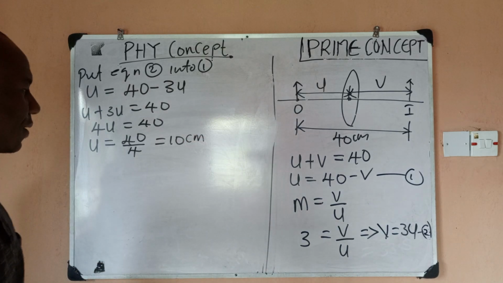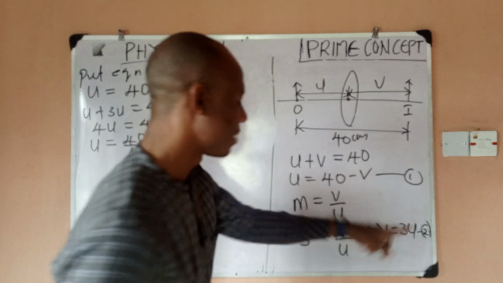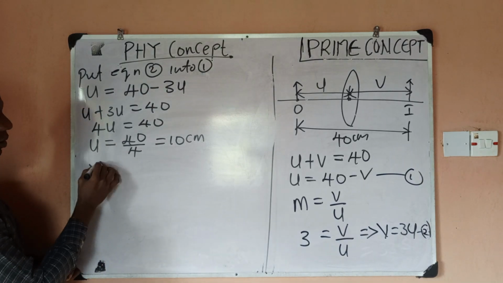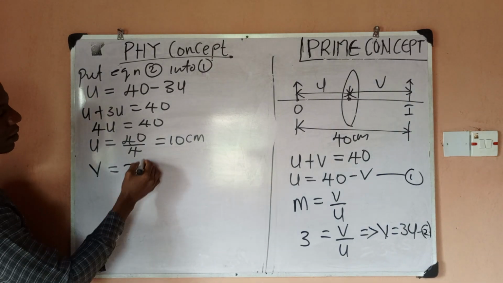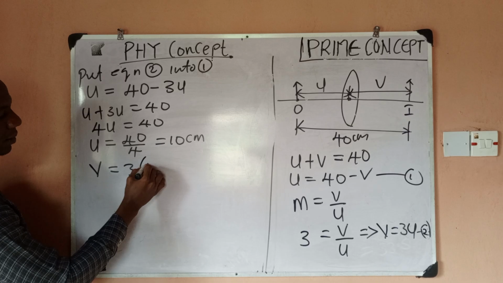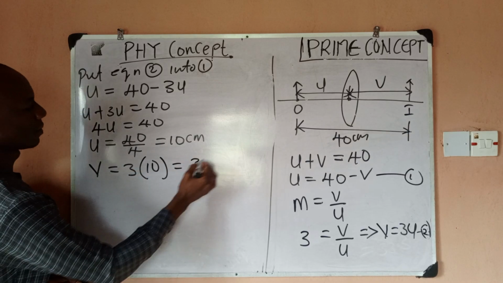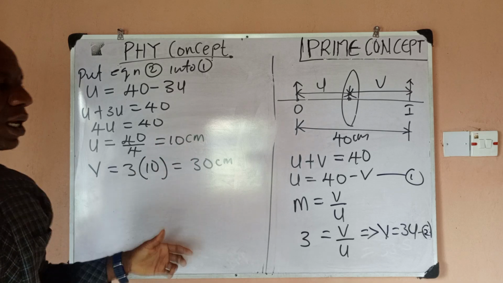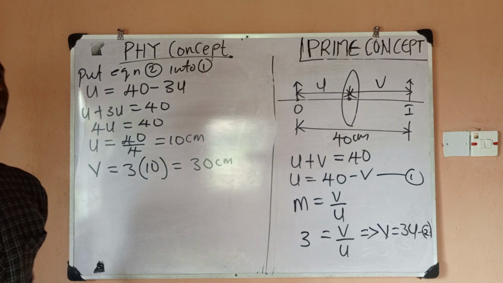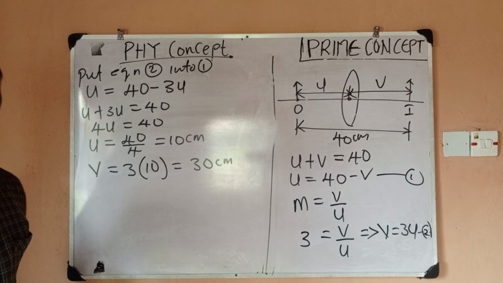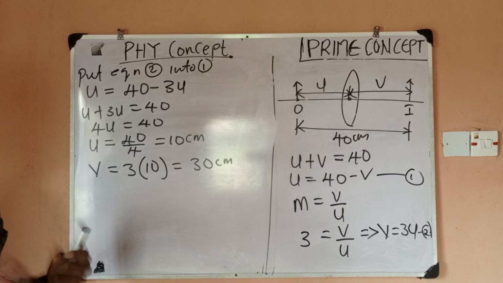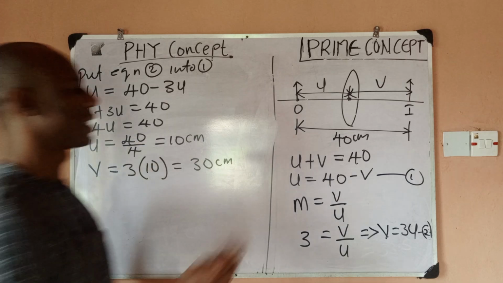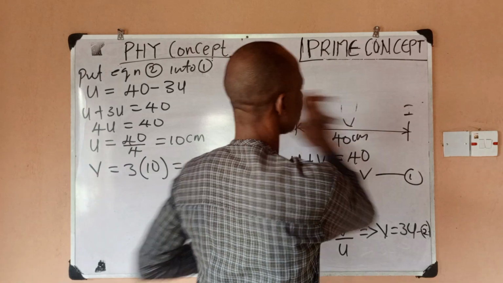cm, right? Yes. Now also, I want to find my V. So what is my V going to be? My V is going to be 3 into 10, which is 30 cm, right? So we have our U and then we'll have our V. Now, since they already described for us the nature of this image, we can apply our sign convention to these two values and then use it to find our focal length.